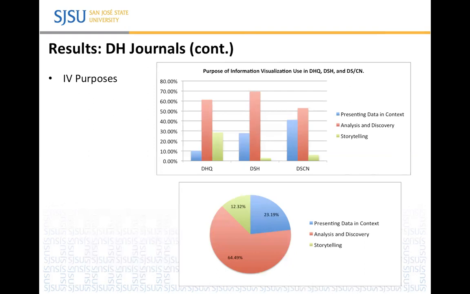So 41.2% of the information visualization related articles had presenting data in context as their second most common purpose, with only one article focused on storytelling. So depending on the type, the style of the journal itself, the editors probably, it has quite different second and then third common purposes of using information visualization.